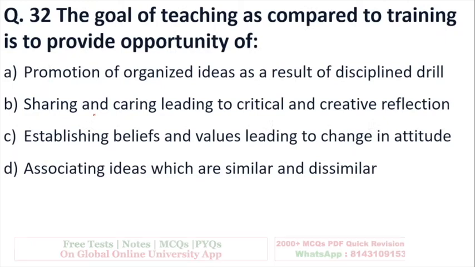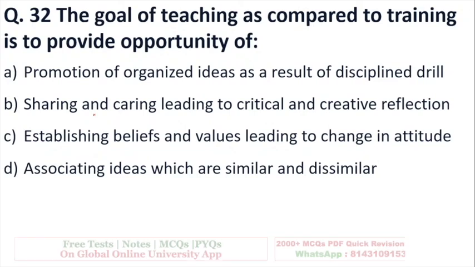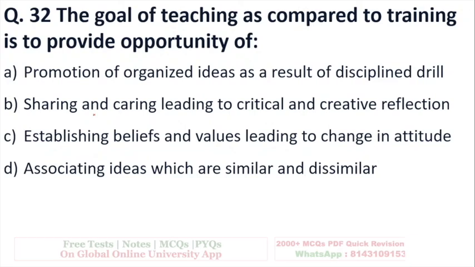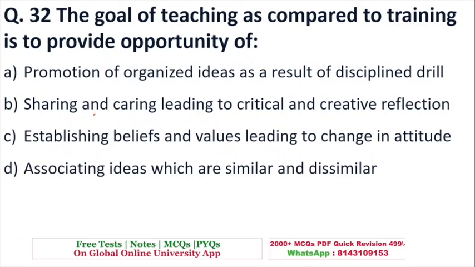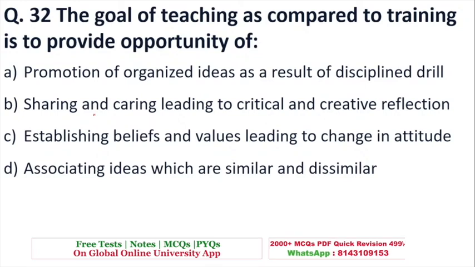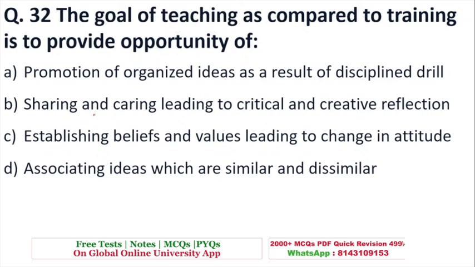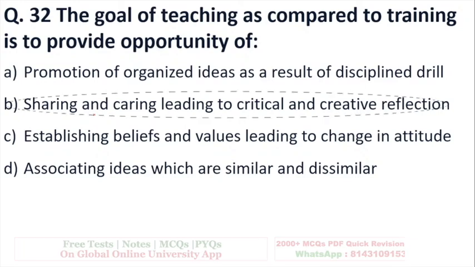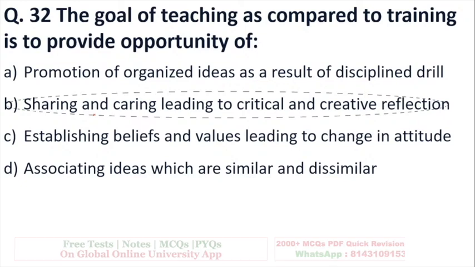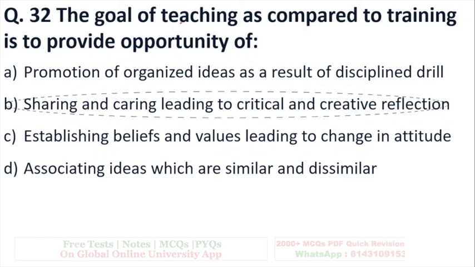The goal of teaching as compared to training is to provide opportunity of. What is the goal of teaching as compared to training? It is the opportunity of sharing, caring, and leading to critical and creative reflection. So what is the sharing and caring in teaching?